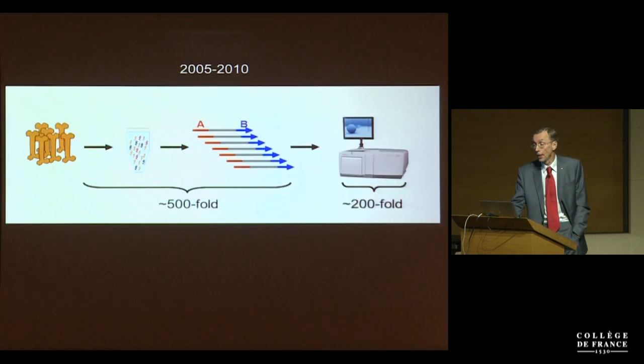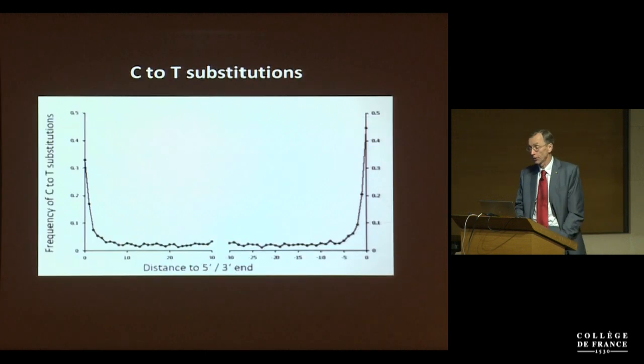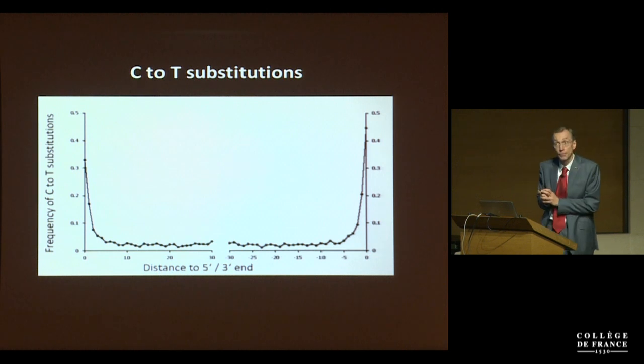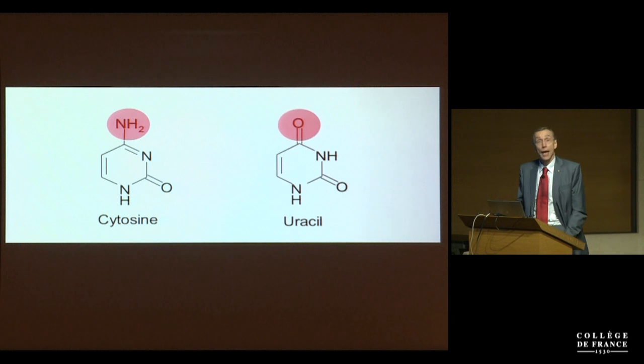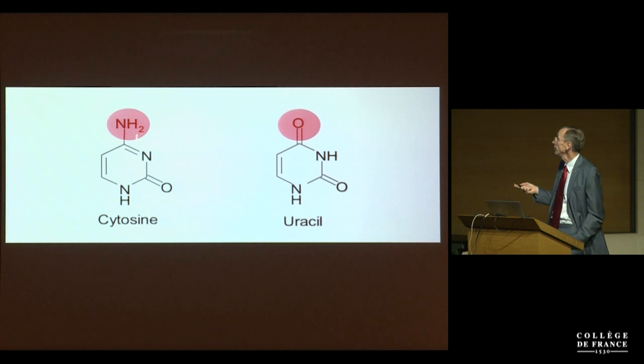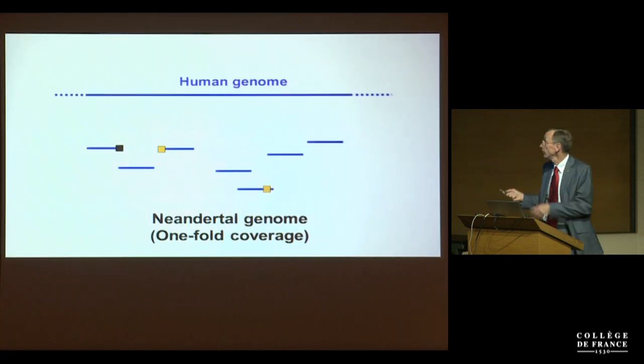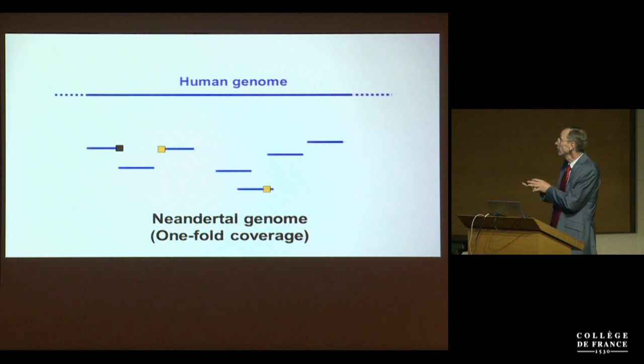We also found out other things, for example, that there are certain modifications in the DNA towards the ends of the molecules. We find very many apparent substitutions from C to T, unreasonably many. And it turned out to be due to chemical modification of one of these bases, C, that loses a chemical group, so it's now misread as T. Those errors occur particularly towards the ends of the molecule, where the molecule is more sensitive to damage from water in the environment.